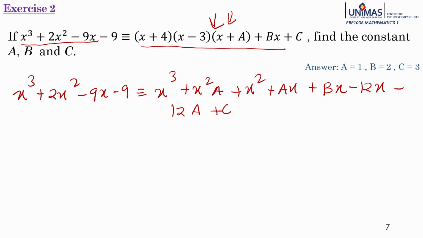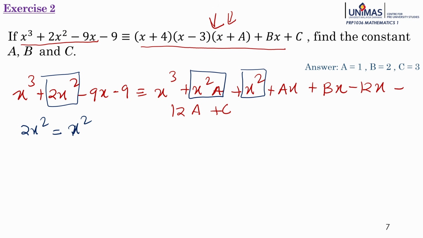We have x squared here, so let me change the color. We compare this one to this one. So we have 2x squared equal to ax squared plus x squared. Taking the coefficient means 2 equals a plus 1. So a we can get 1.